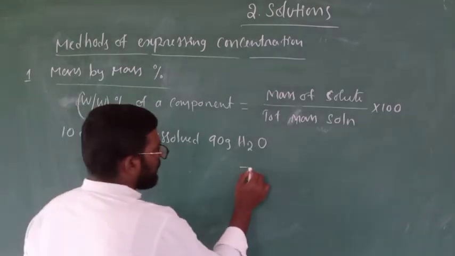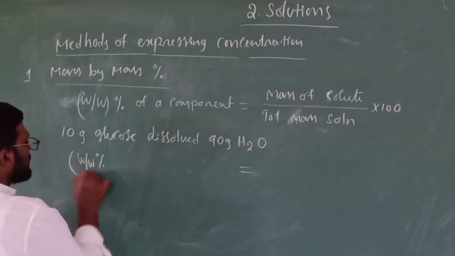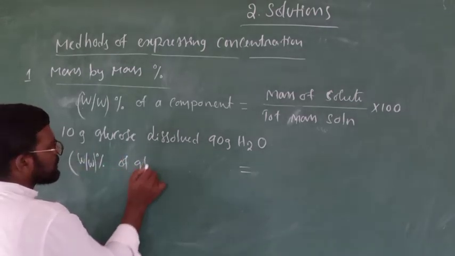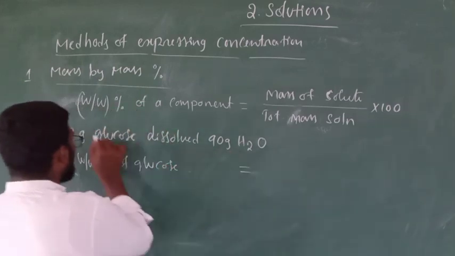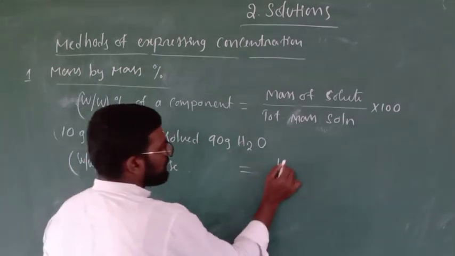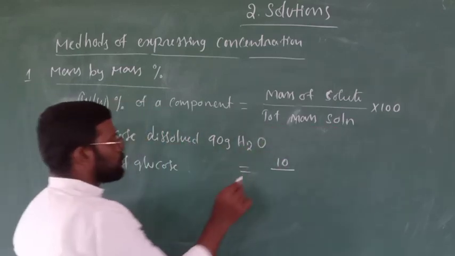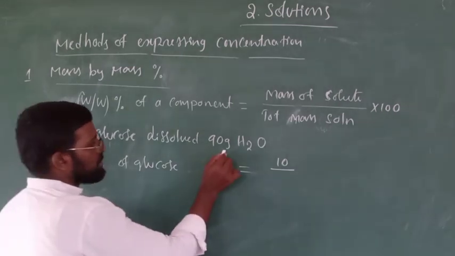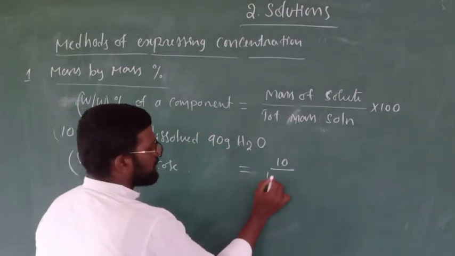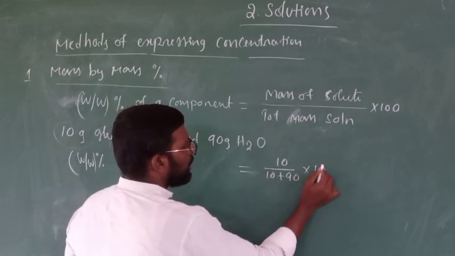Mass by mass percentage of glucose is equal to mass of glucose, 10 grams, by total mass of solution. Solute is 10 grams, solvent water is 90 grams, that is 10 plus 90, nothing but 100, into 100.